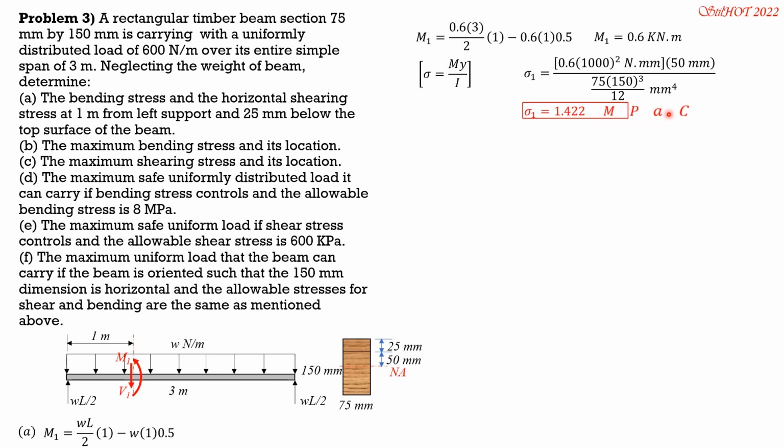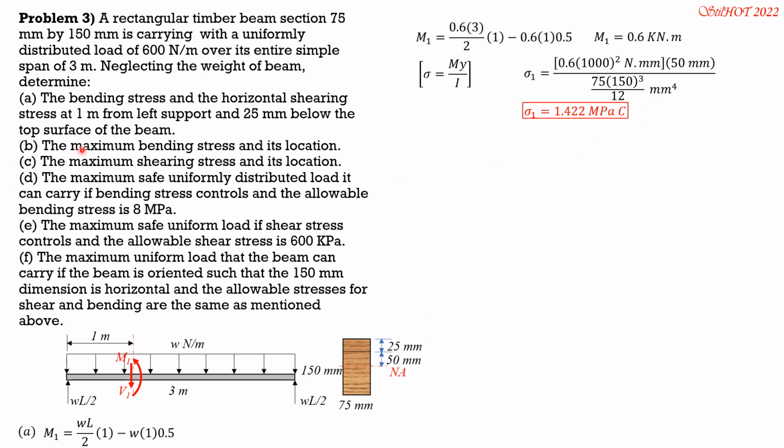So sigma 1 is 1.422 megapascals. Because the moment is positive, the elastic curve will be smiley, the top fiber will be in compression and the bottom fiber in tension. This section is above the neutral axis, in the top fibers, therefore it is in compression.